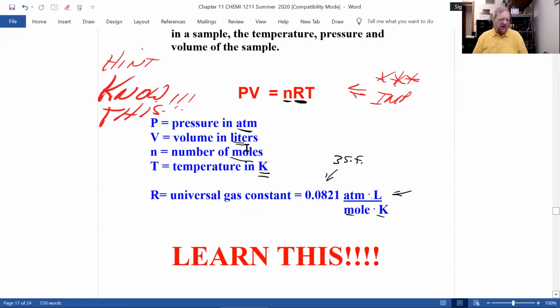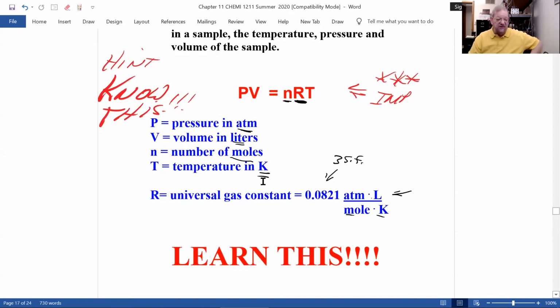Now, my problems always give you liters, but I've never seen a balance that does moles. It's grams. And hopefully for test 2, you know how to go from grams to moles and moles to grams. I shouldn't say you better, it'll be quite beneficial. You won't lose a lot of points. And finally, temperature, you learned in test number 1 that I've never seen a thermometer or gauge in Kelvin.